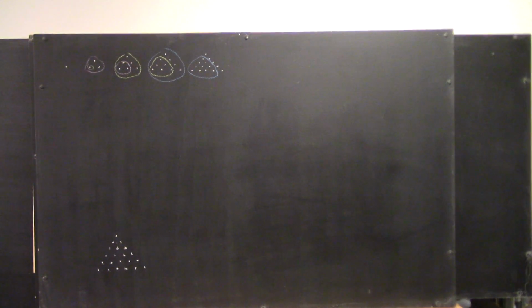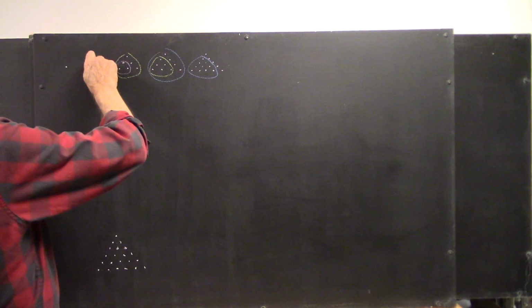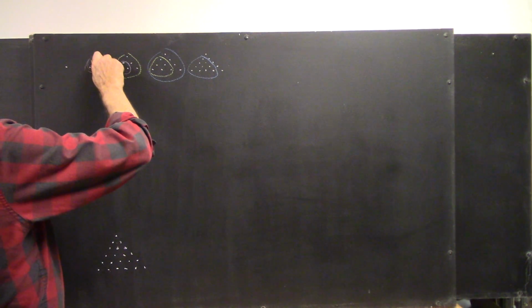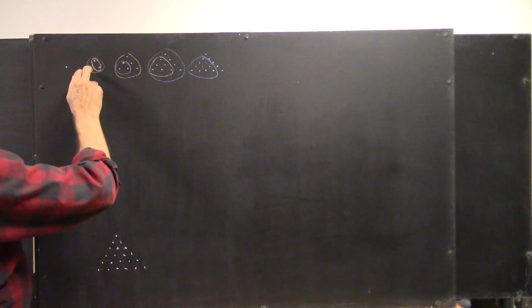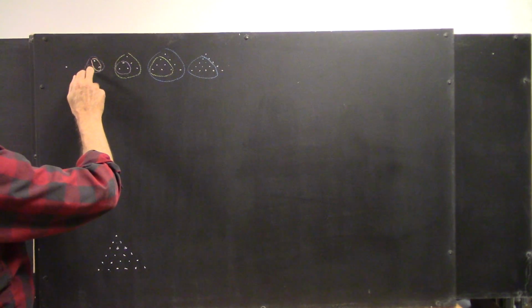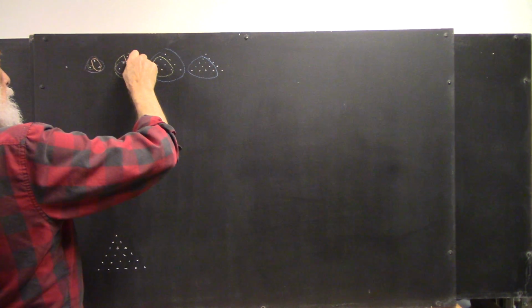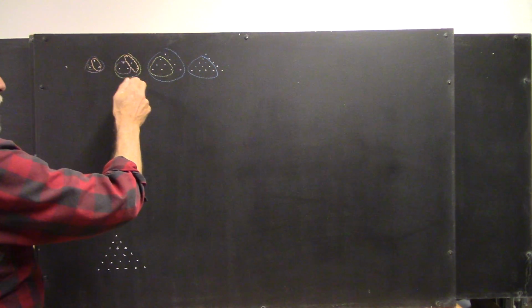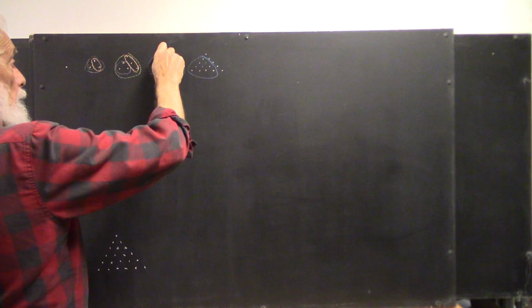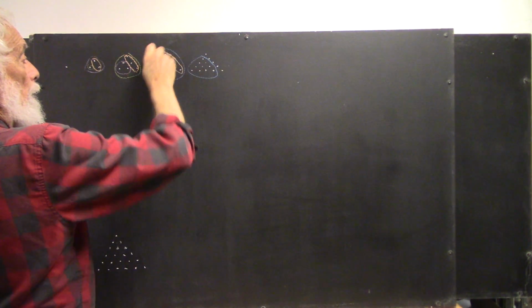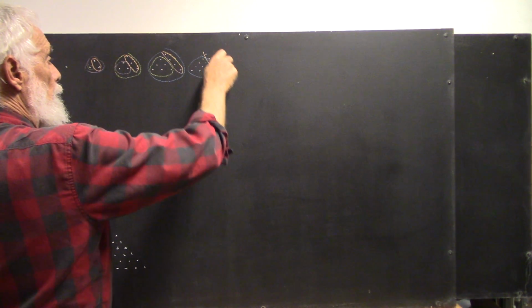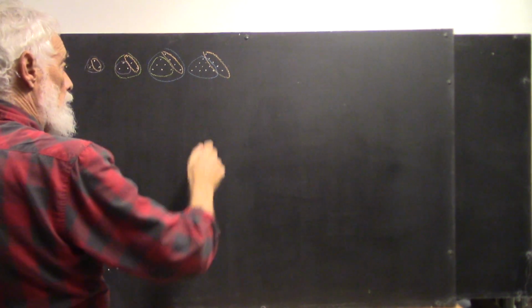So the added dots are here. To the previous figure, we add these dots and we get the new one. And then we add 3 dots to get another figure, and then we have to add 4 dots, and then we have to add 5 dots, etc.